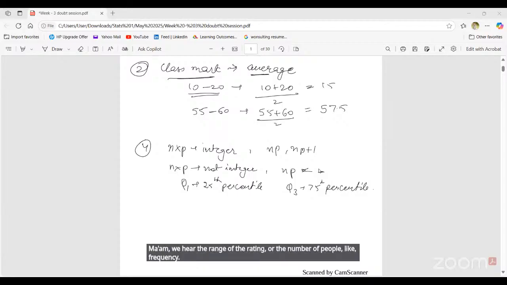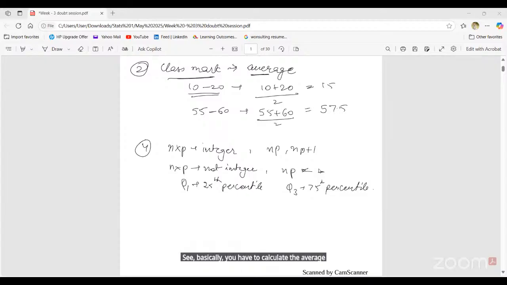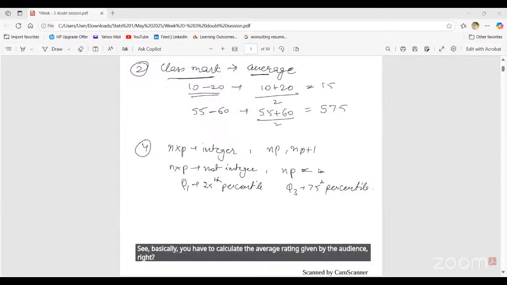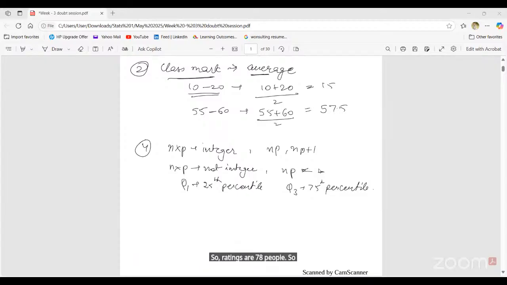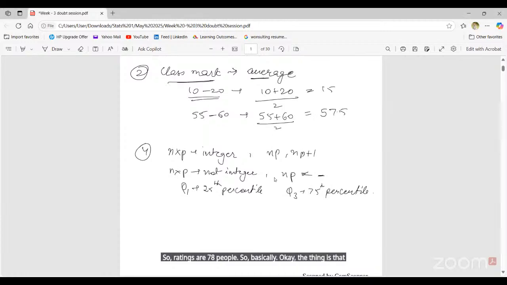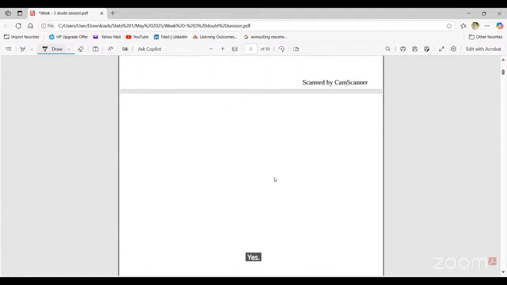See, basically you have to calculate the average rating given by the audience, right? So ratings are 78 people. You have to make a table, correct? So you have a column as rating and a column as the number of people.